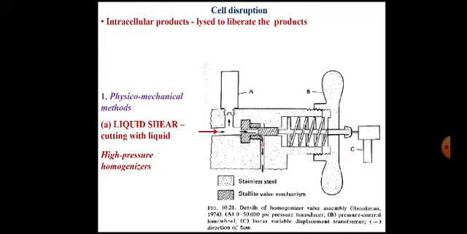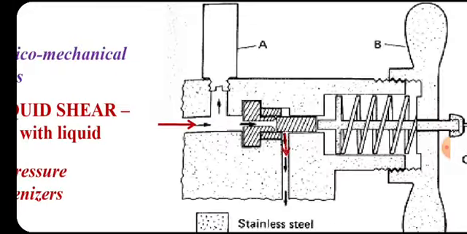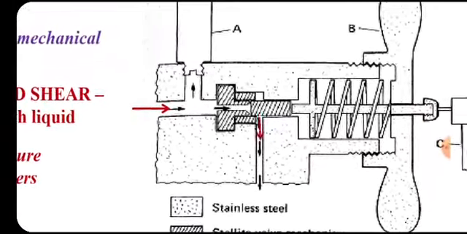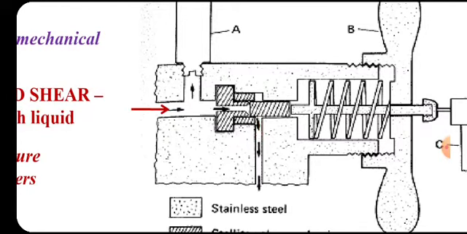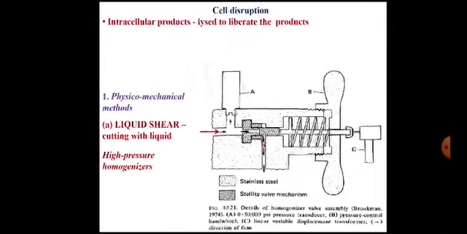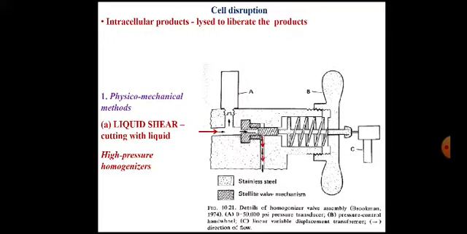Bombardment of these microbial cells on the surface and the valve mechanism will create the force, and that force will cause the lysis of cells, and then this slurry is allowed to pass through a small orifice, as shown, which is connected to an outlet. This is how this homogenizer works for causing the lysis of cells to liberate the intracellular products.